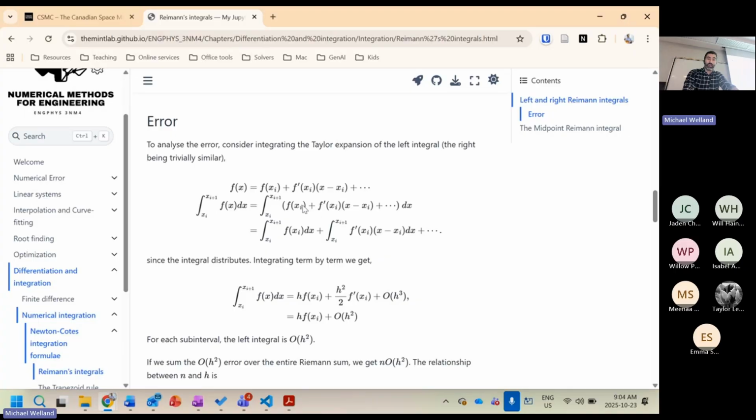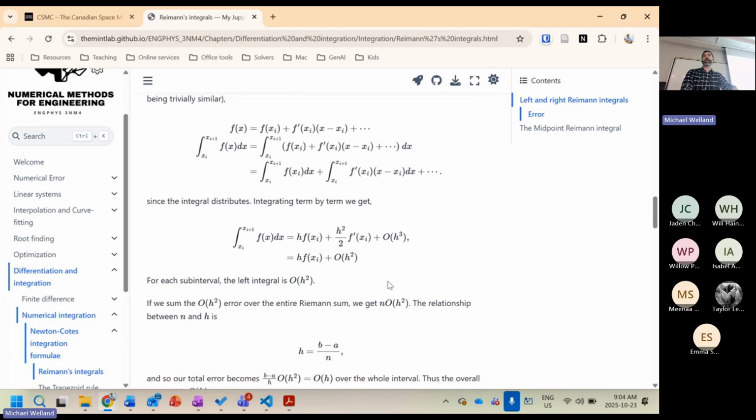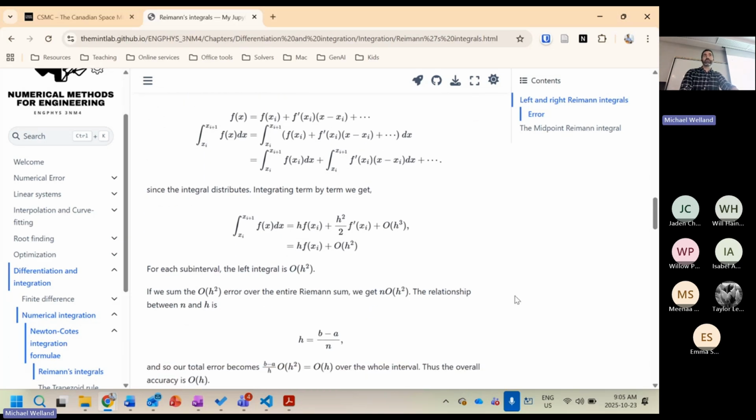You do your integral and you separate out, because since the integration distributes, it becomes really easy to identify where that step size is. That delta x becomes your step size, and then you get an equation that shows that the order is on the order of h squared. Okay, I'm running a little bit low on time, and I want to talk about dual numbers at the end there.